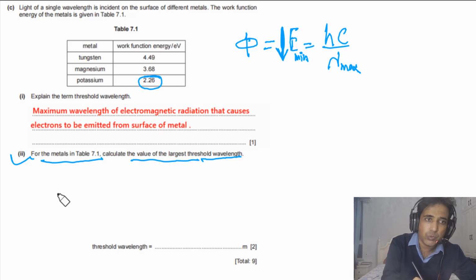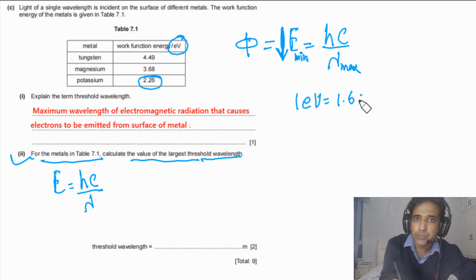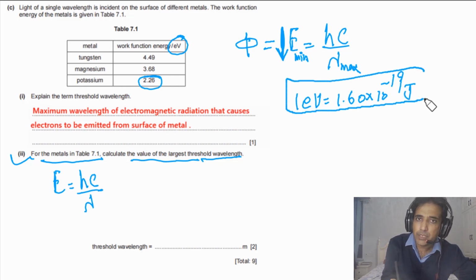Then we can use the formula E is equal to hc over lambda. The unit of work function is electron volts, and 1 electron volt is equal to 1.60 times 10 to minus 19 joules. This value is given in the data. You can remember it, or you can find it in the given data.